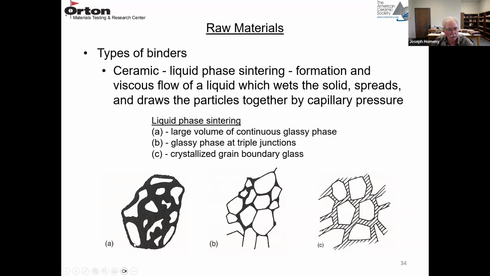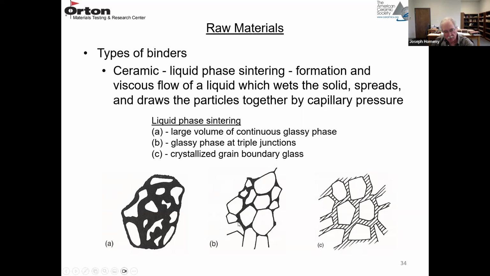So A here has a large volume of continuous glassy phase. The white areas are the aggregates or crystals. The black area is a large volume of glass. B is a much smaller volume of glass.